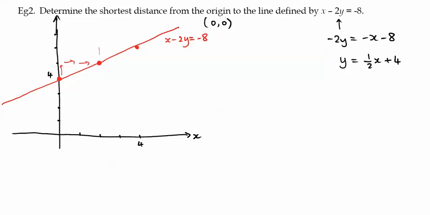And I want to find the shortest distance from the origin to the line here, which once again involves a perpendicular line. And the equation for this perpendicular line can be obtained by starting with the slope of this line.